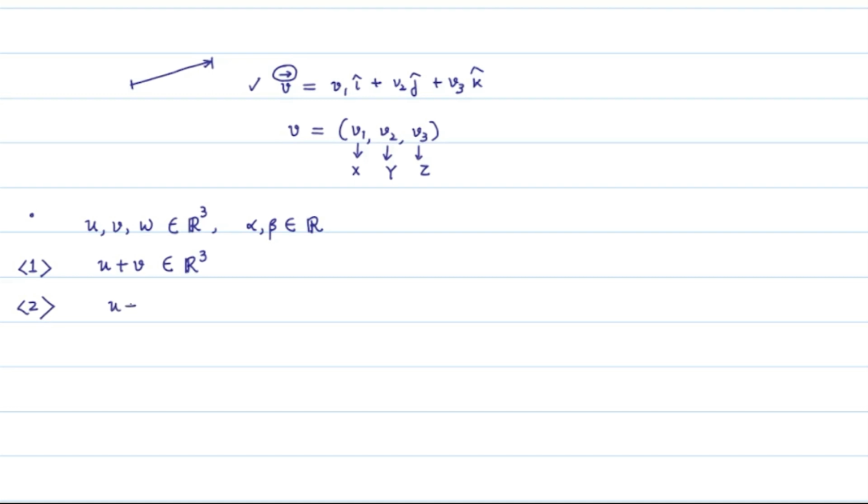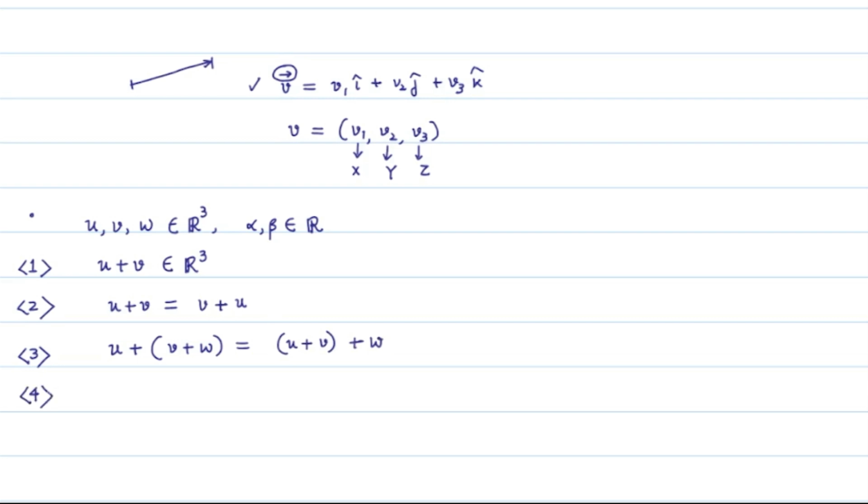If u is being added with v, then we get a vector identical with v being added with the vector u. If u is considered to be added with the resultant vector of the addition of v and w, then we get a vector which is identical with u plus v being added with the vector w.